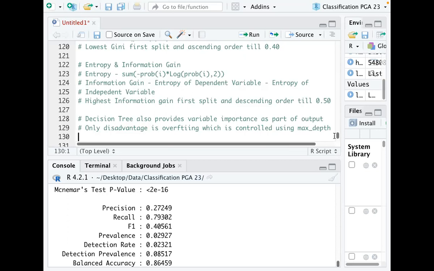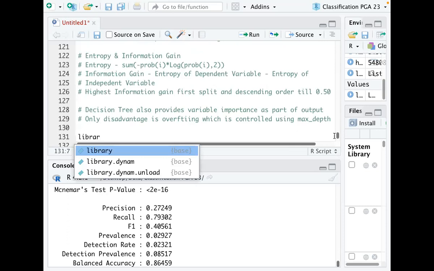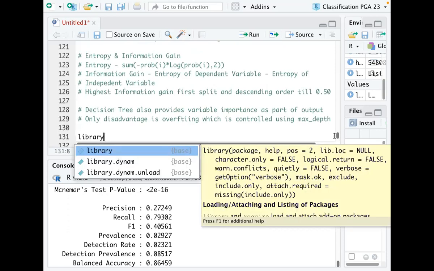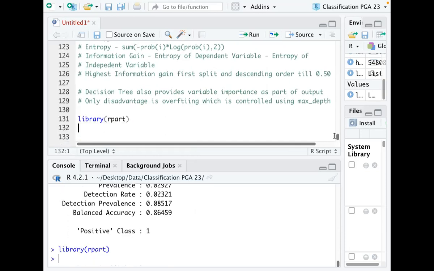Okay. Now, there is an inbuilt library called rpart. You don't need to install it. You have to install a library called rpart.plot.